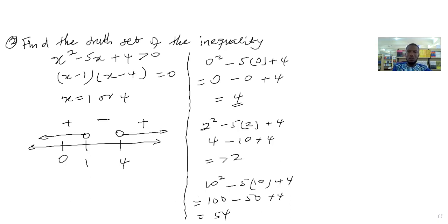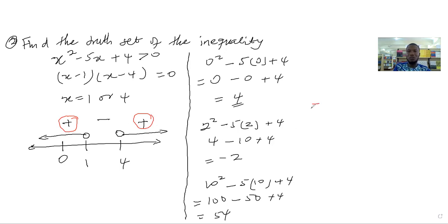All right. So now we test which of them will satisfy the condition. By testing, we can see that here they say our number should be greater than 0. So all positive numbers are greater than 0. So it means that our answer will be these ranges and not the one between.